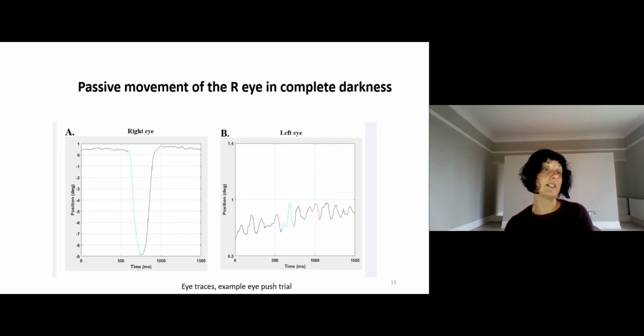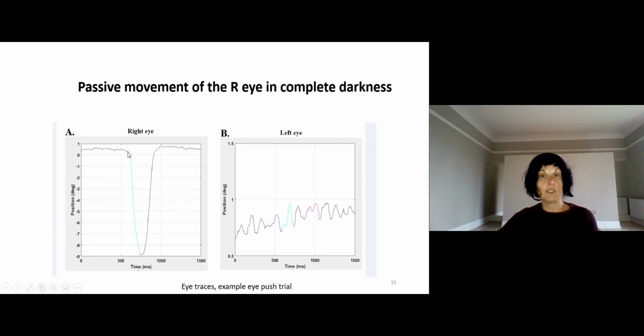Okay, so let's now look at the behavior and find out whether the left eye was indeed still, as suggested by the paper by Ilg. So you see here example eye traces from one push trial. The right eye starts with a baseline.